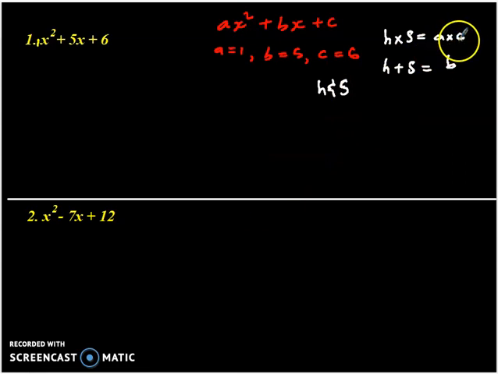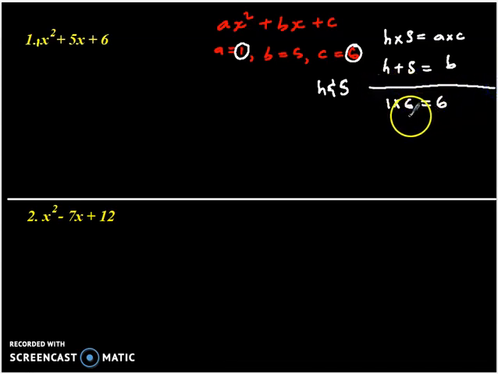Alright. So let's look at how to find this first, a times c. In this case, a is 1 and c is 6. So 1 times 6 would be equal to 6. What are some other ways in which we can represent products as being equal to 6?